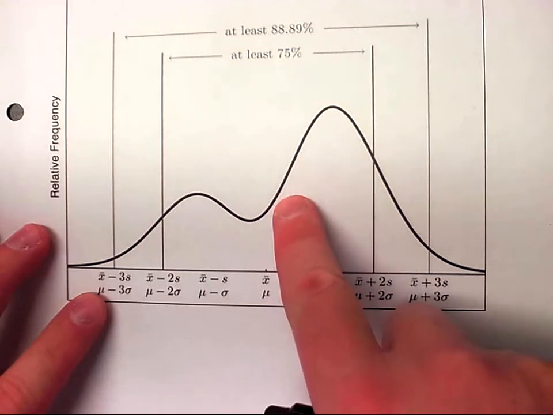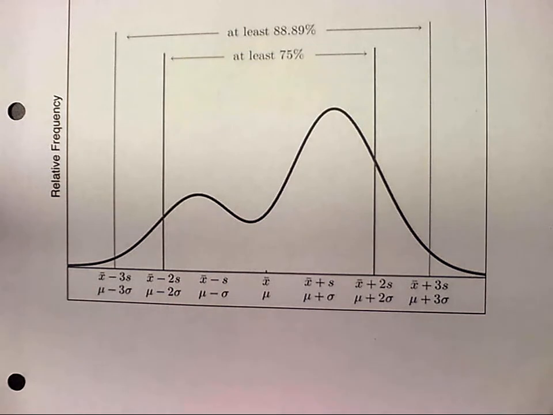Whenever we have any distribution, we can apply Chebyshev's. Now, as we're going to see once we go a little bit more through Chebyshev's, it is a little bit less accurate than the empirical rule, especially for a bell-shaped distribution. So if you have a bell-shaped symmetric distribution, in this class you have to use the empirical rule because it's just a little bit more accurate.